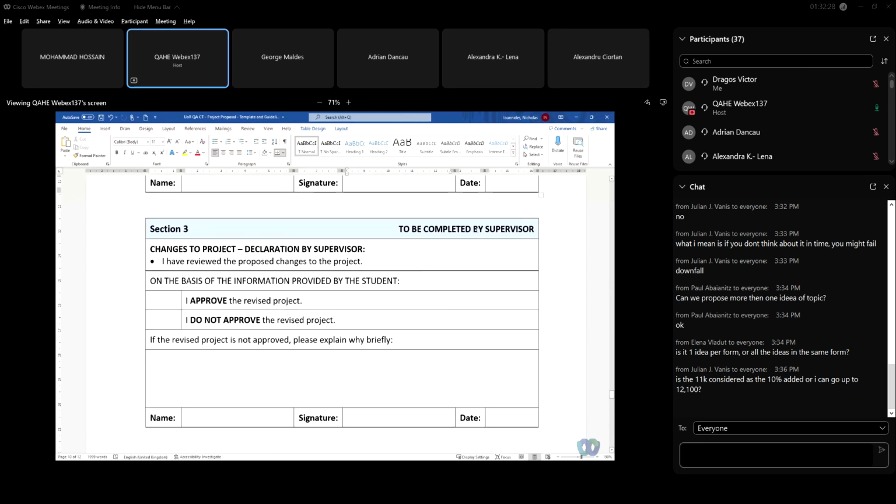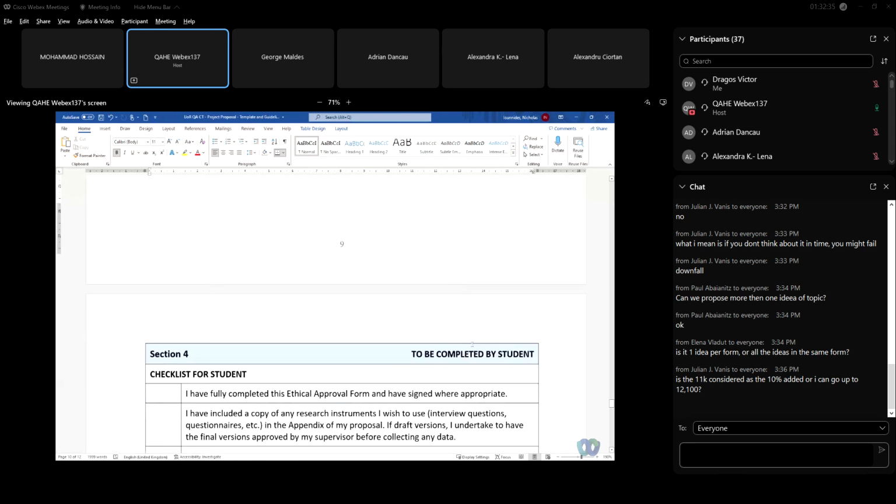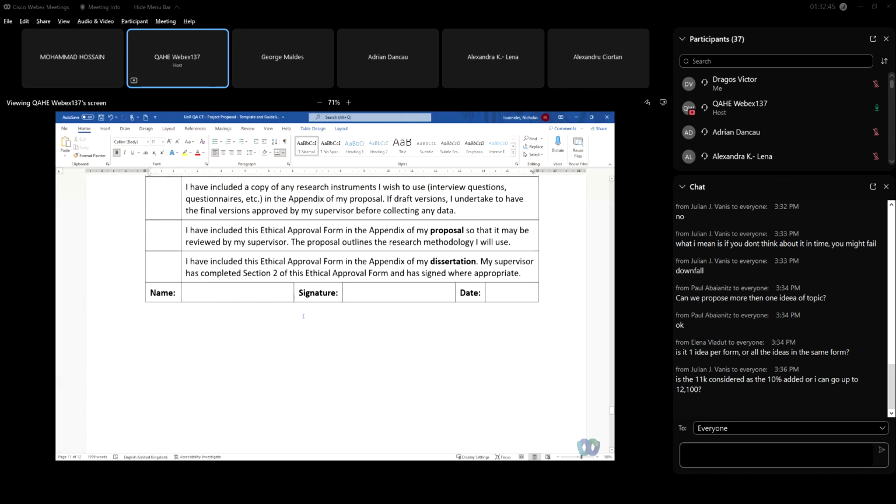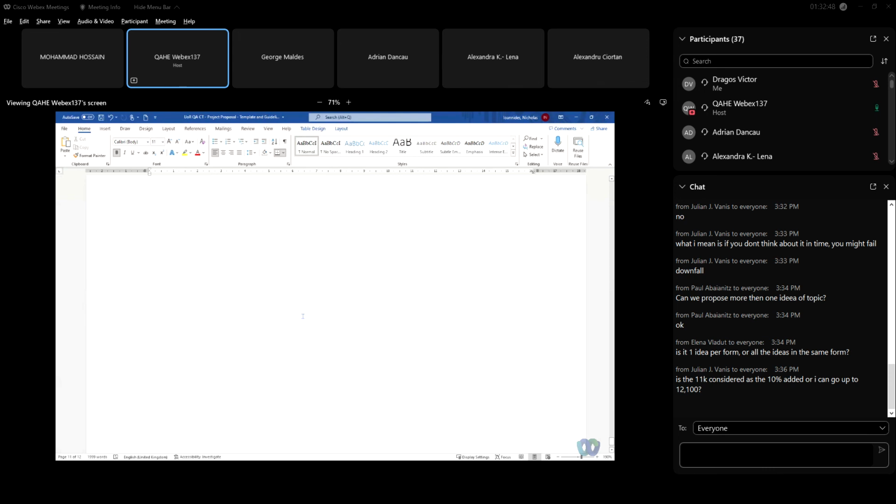This is to be completed by the supervisor in case you want to change the direction, not the project, but the direction of your project. And also you need to fill in this section 4, right? So here you need to choose carefully which ones you are going to do. So this is the ethics form.